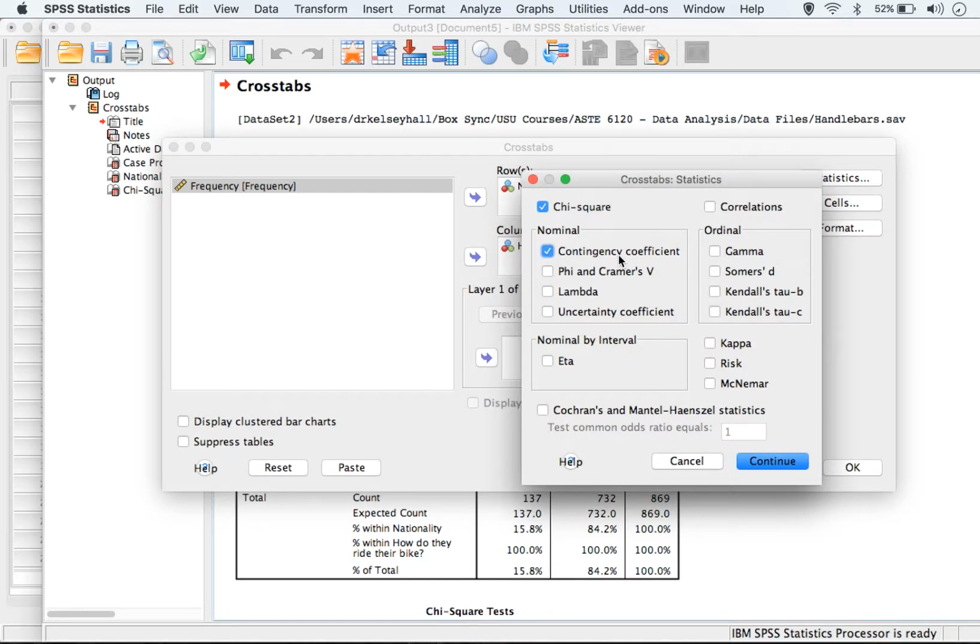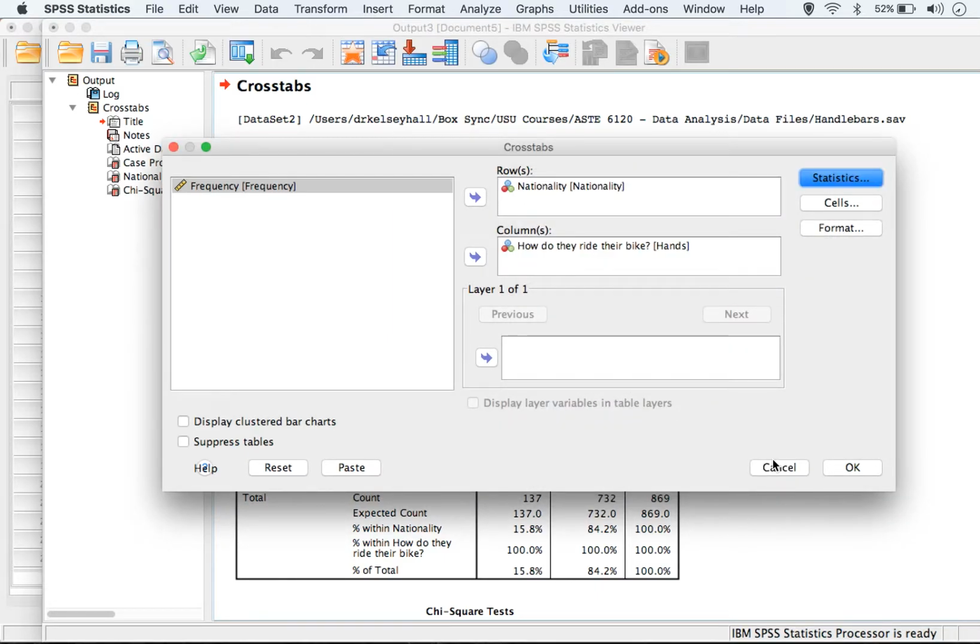If you want the contingency coefficient, you can grab that. The Phi and Cramer's V, you can grab that too, but you're really not going to need those options. They were ones that were discussed in your textbook. It's kind of interesting to see them if you're interested in what the scores are.